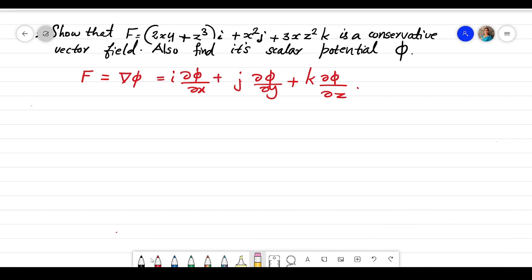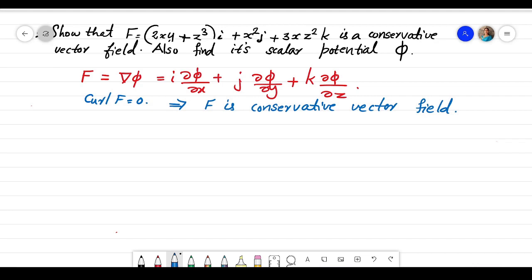Curl F equal to 0 implies F is a conservative vector field. So, that part is over. Thus here we proved that the given vector field is a conservative vector field.